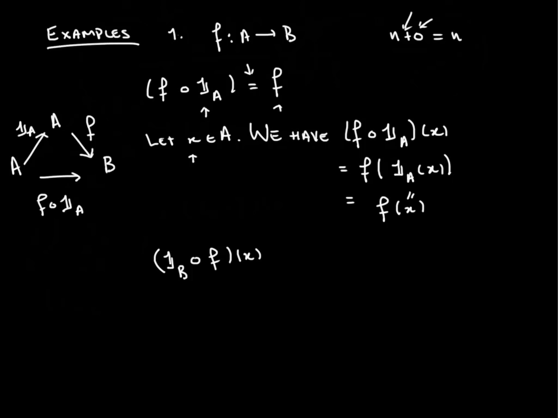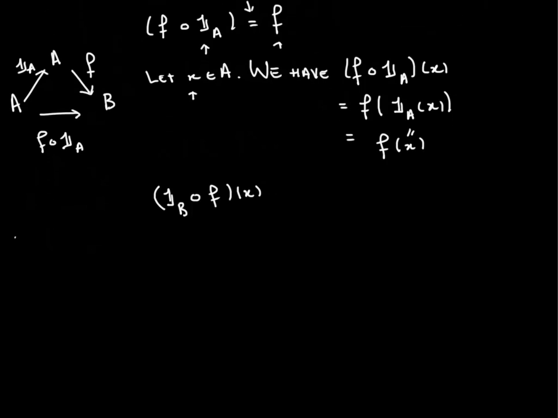In our second case, we use f first, that sends A to B. We then have the identity, so the domain of the identity has to be B. So it needs to be the identity over B, like this. And our composition is the identity over B circle f. This is going to be equal to f as well, and for the same reasons.